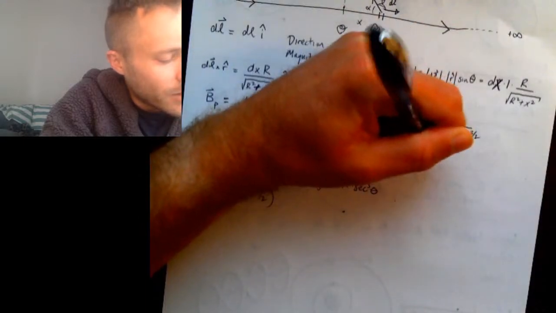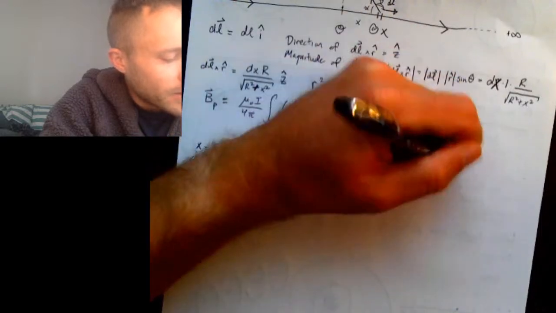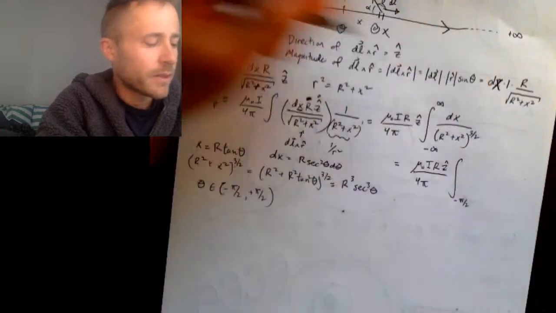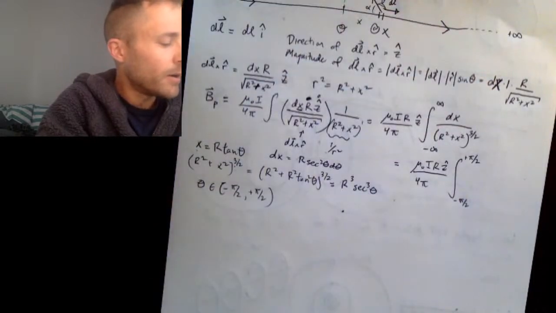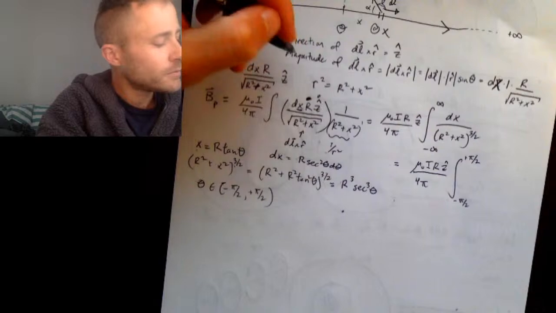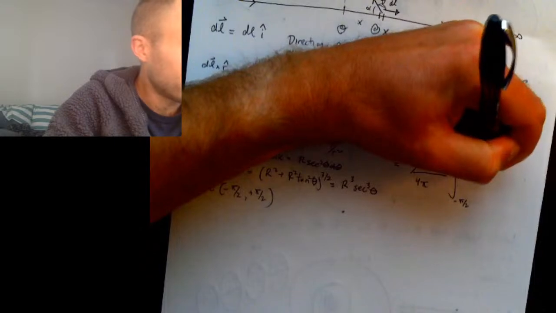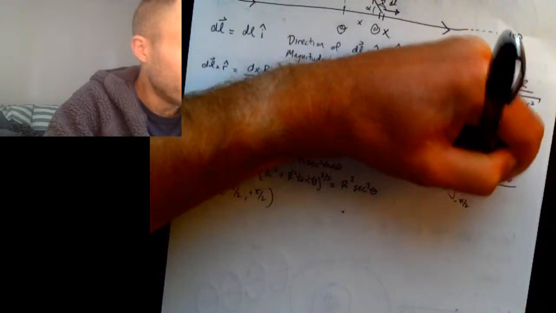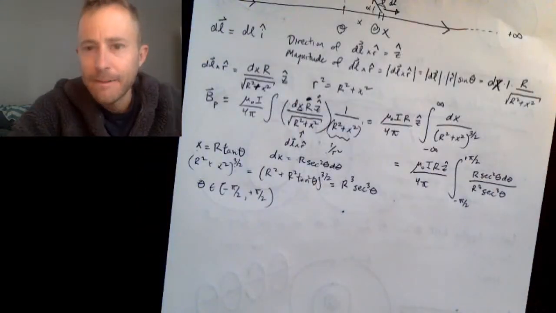Mu naught I r z hat over 4 pi. And then this integral became the integral from minus pi over 2 to plus pi over 2 of r secant squared of theta d theta over r cubed secant cubed of theta. All right.